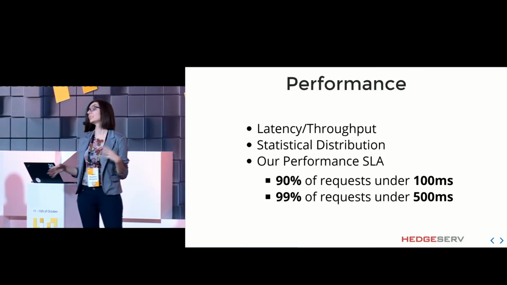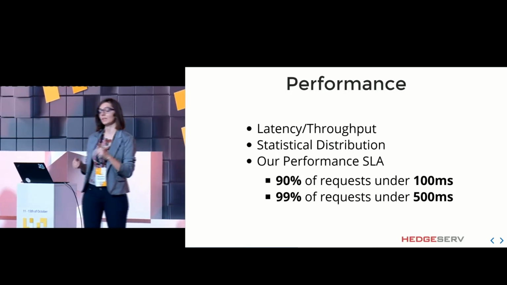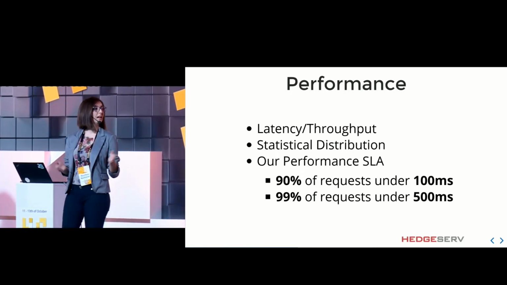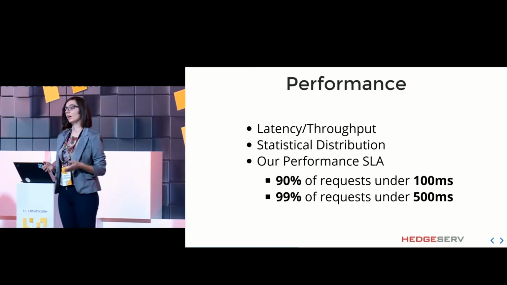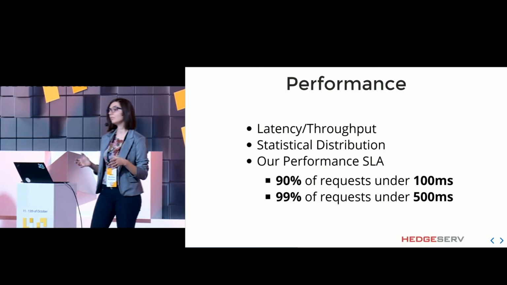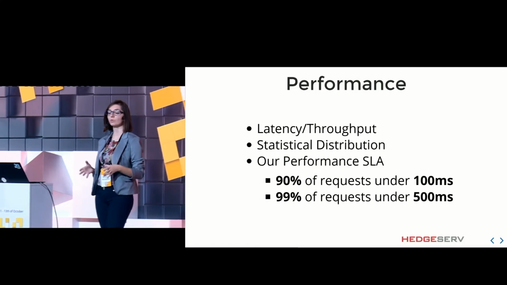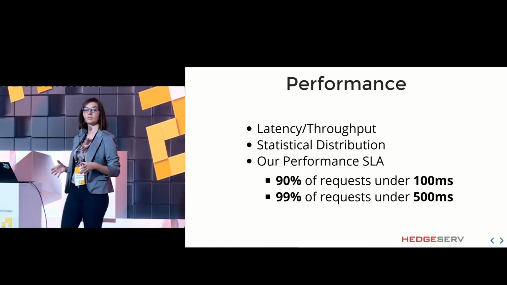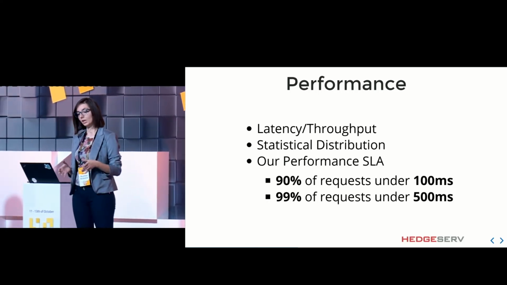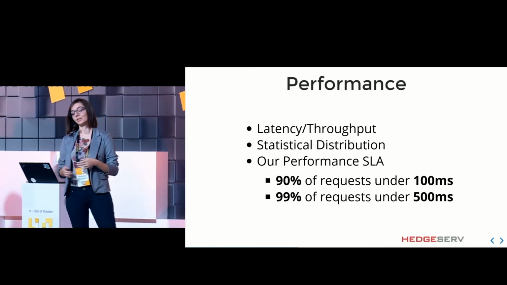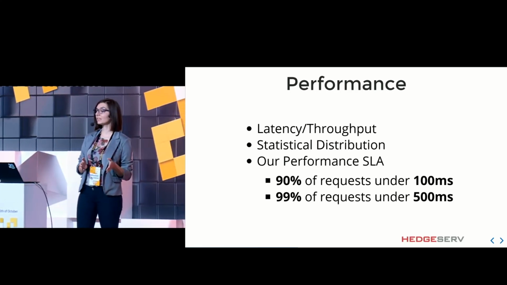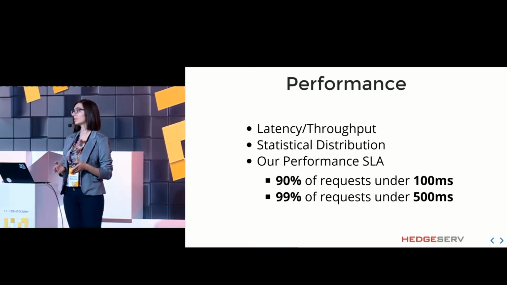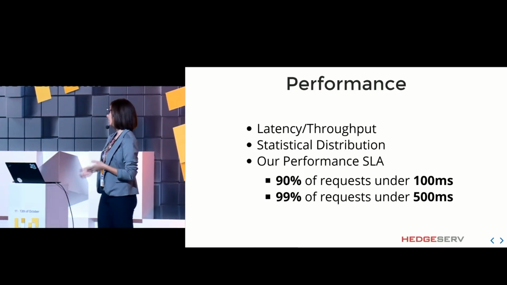We want to use statistical data. We are fancy, so let's do the same thing. Our performance SLA for our case study: 90% of our requests are supposed to be under 100 milliseconds per request, and 99% of the requests are supposed to be under 500 milliseconds. Do you agree with me?